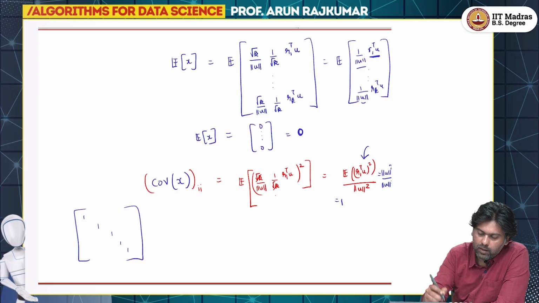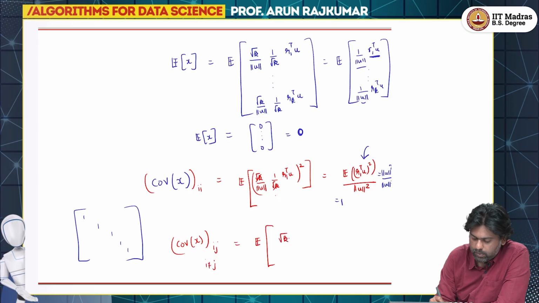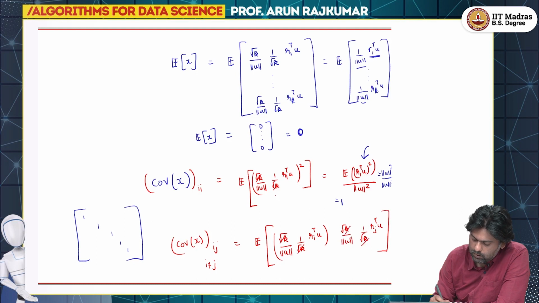Now, what about the off diagonal entries? Well, if I take any (i, j), i not equal to j, then that is going to be the expected value of the product of those two entries, which is square root of k by norm u into 1 by square root k ri transpose u, into square root of k by norm u into 1 by square root k rj transpose u. This cancels. So, I have 1 by norm u squared times the expected value of ri transpose u into rj transpose u.